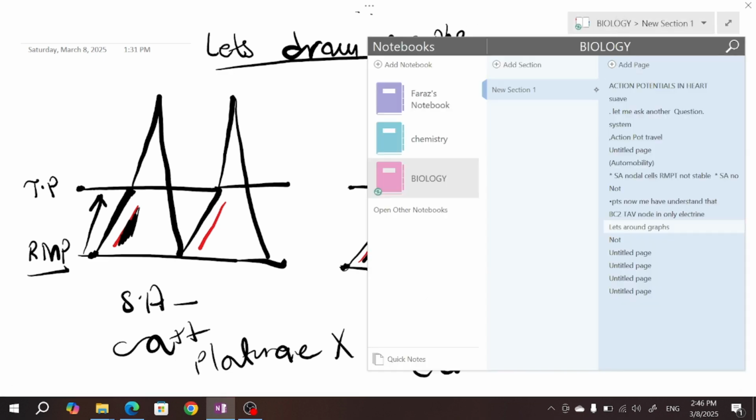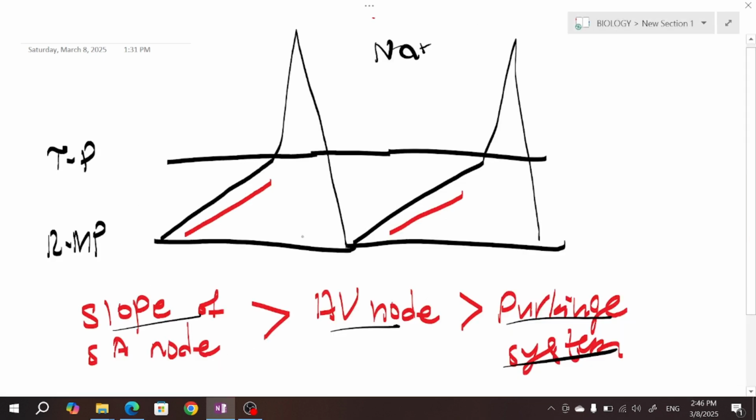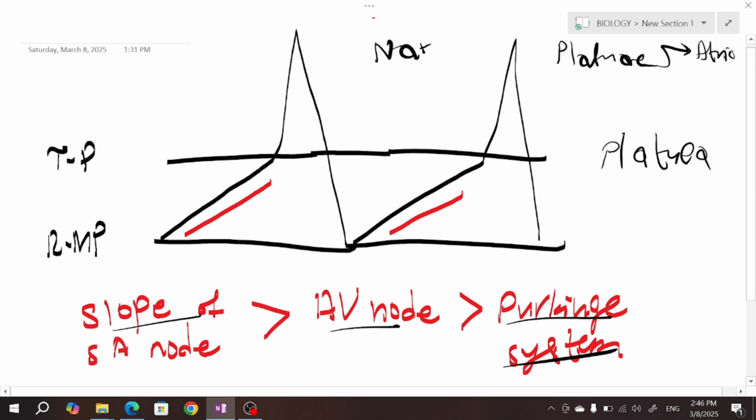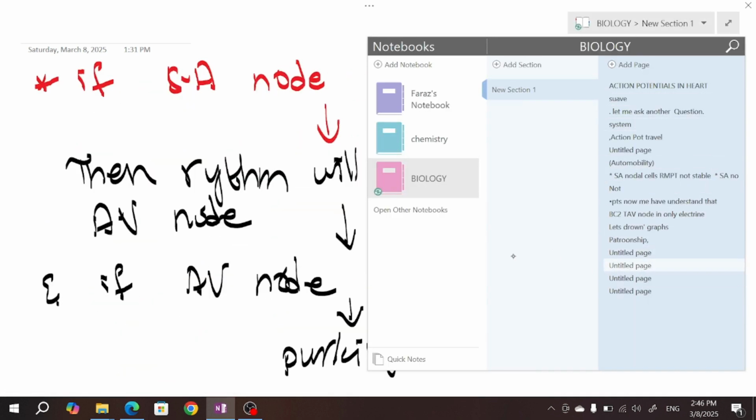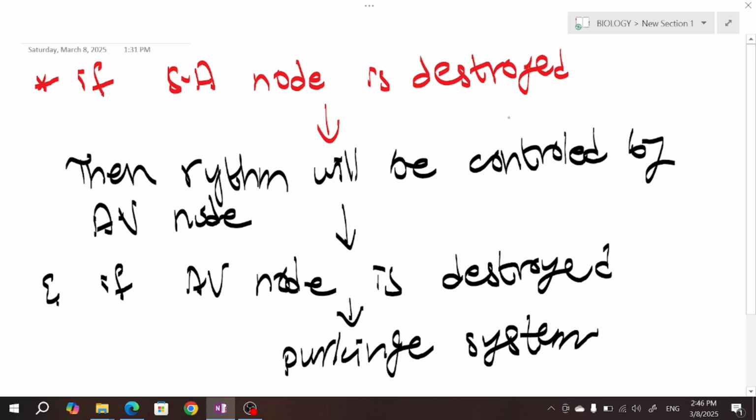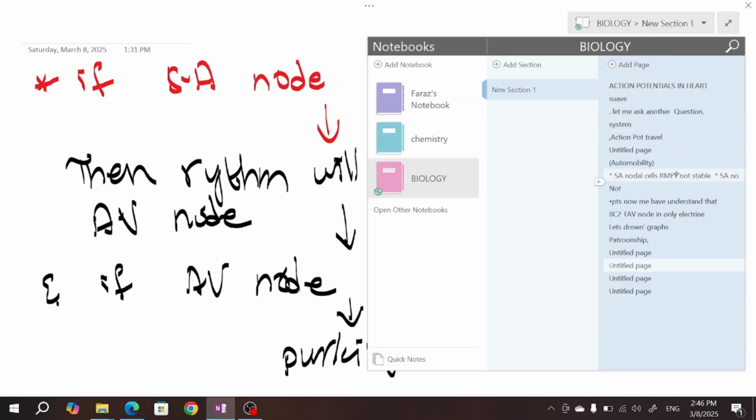In the Purkinje system, again the plateau phase is absent. What is the plateau phase? We will see later, but the plateau phase is present in atria and ventricles.